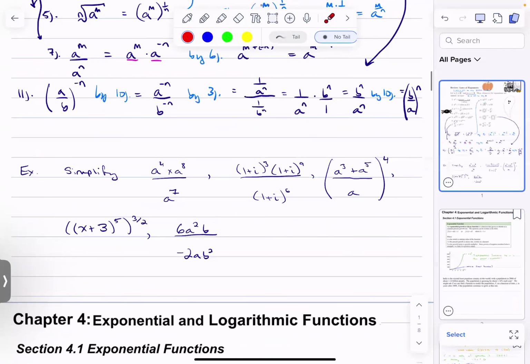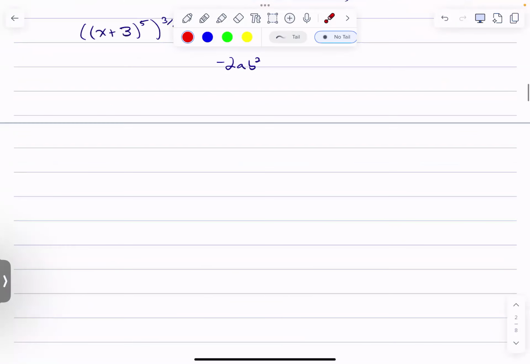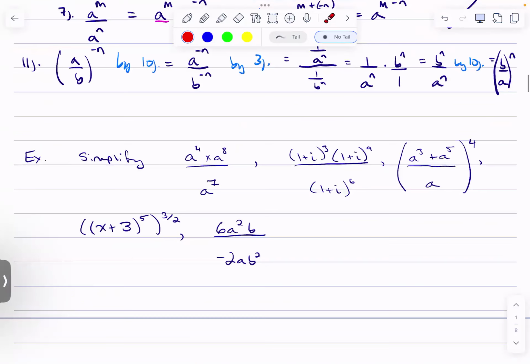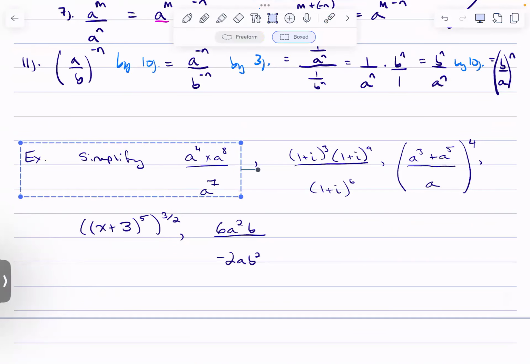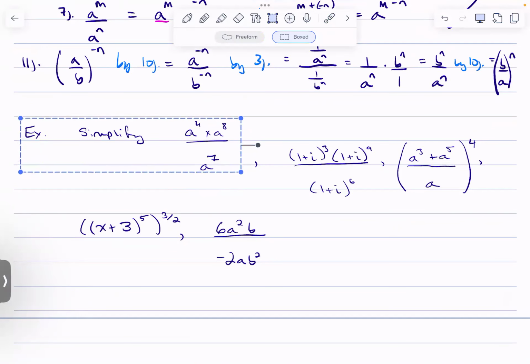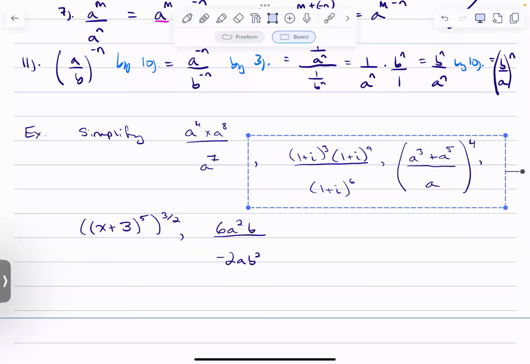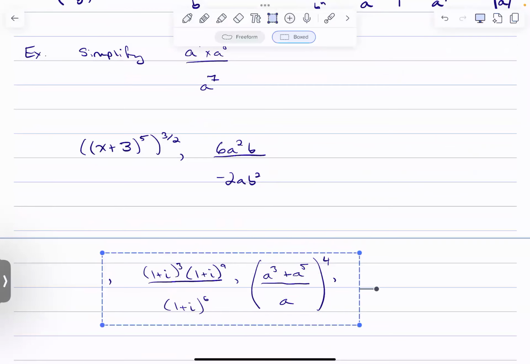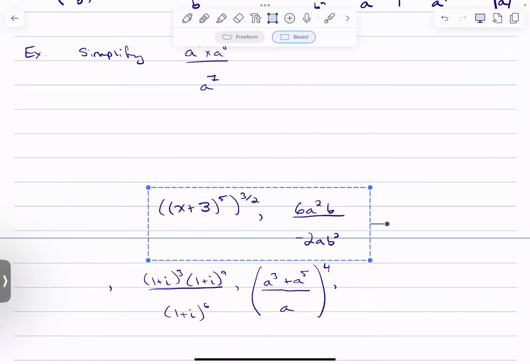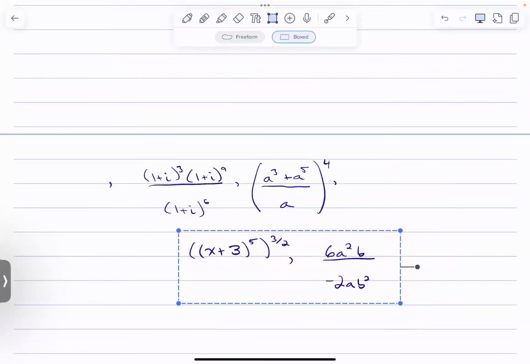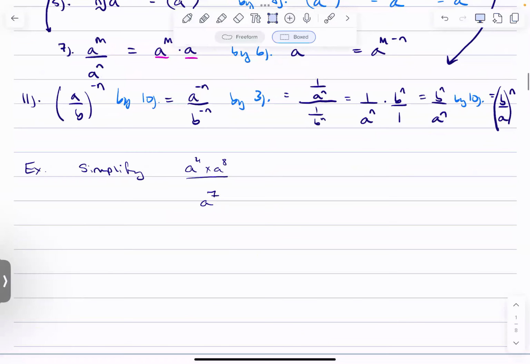I'm going to add some pages here. I'll move these down. Got some examples for us to simplify. I shouldn't have this times in there.